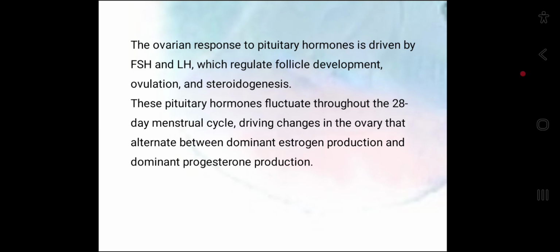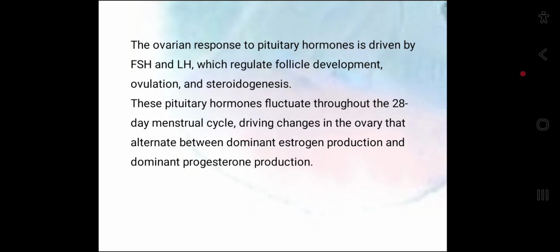The pituitary hormones fluctuate during the 28 days of the menstrual cycle. The average length of the menstrual cycle ranges from 21 to 35 days, so we'll talk about a 28-day menstrual cycle as an average of that range.